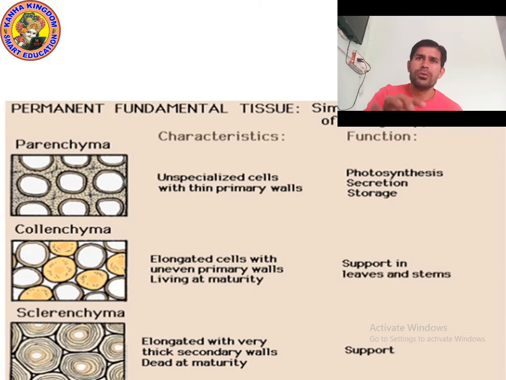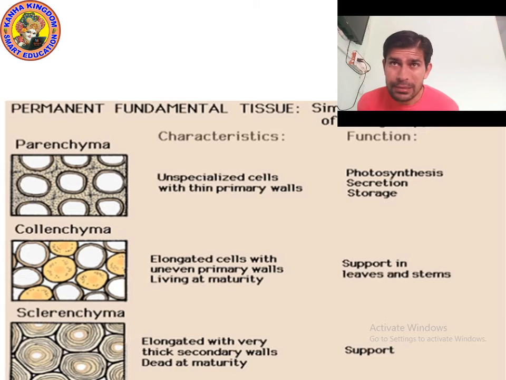So you can also do it like this: first make the parenchyma, collenchyma, sclerenchyma diagram, then write their characteristics in front of them, followed by function.